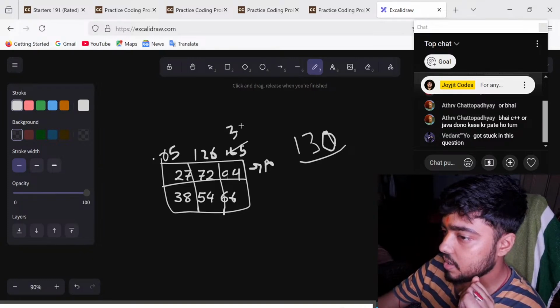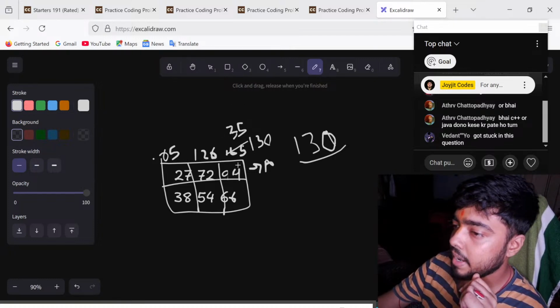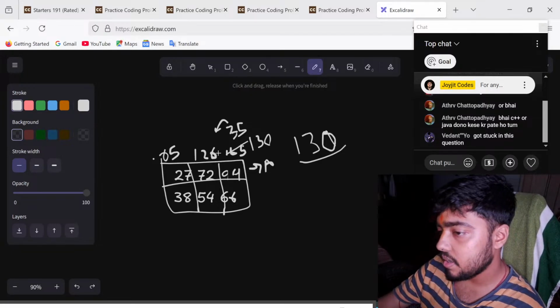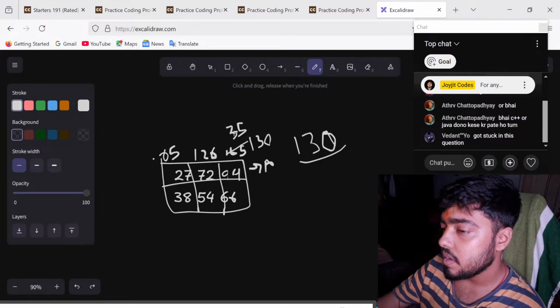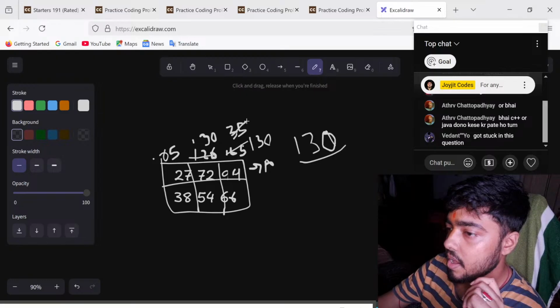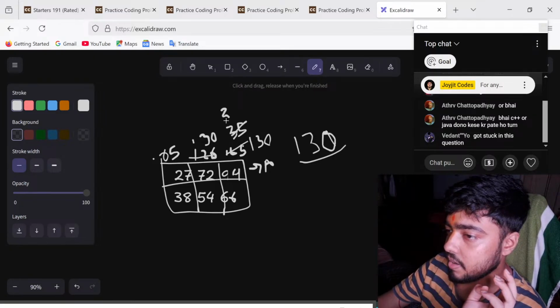I mean, this becomes 130, but now I have 135 remaining. I have to spread it across, right? So from here also I can make this 130 and take away 2 from here, right? 33.